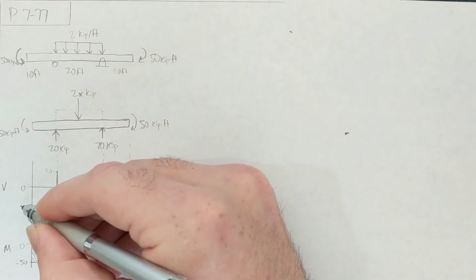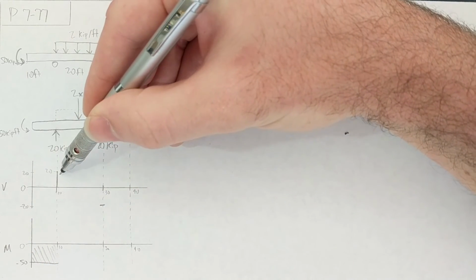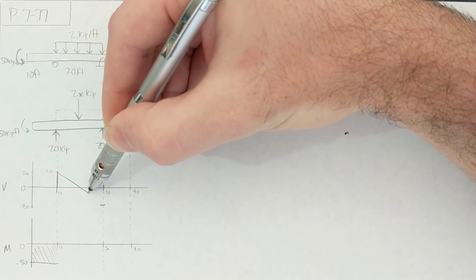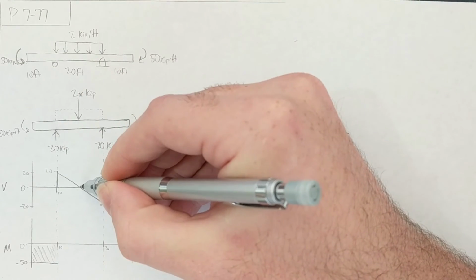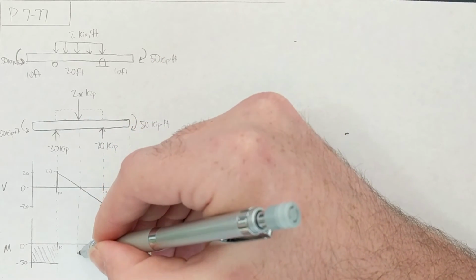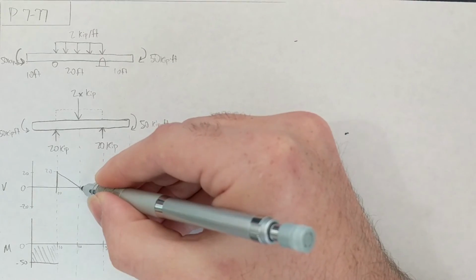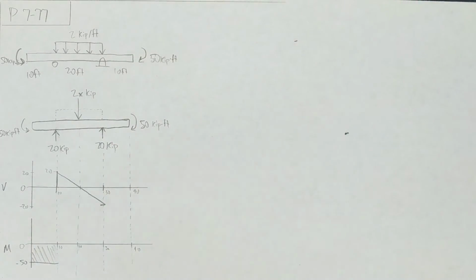So we'll end up at minus 20. Call that minus 20. This is positive 20. And that's just going to go straight down to there. This 0 crossing is right in the middle. It's right at 20 feet along the bar. Okay.